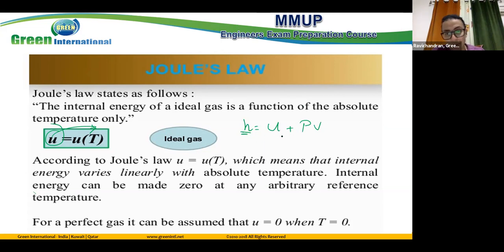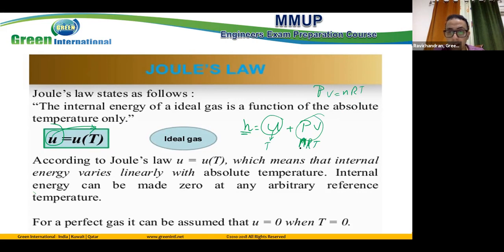Specific enthalpy equals specific internal energy plus pressure times specific volume. So internal energy is a function of temperature only, and if you check PV, substituting the ideal gas equation, PV equals nRT.